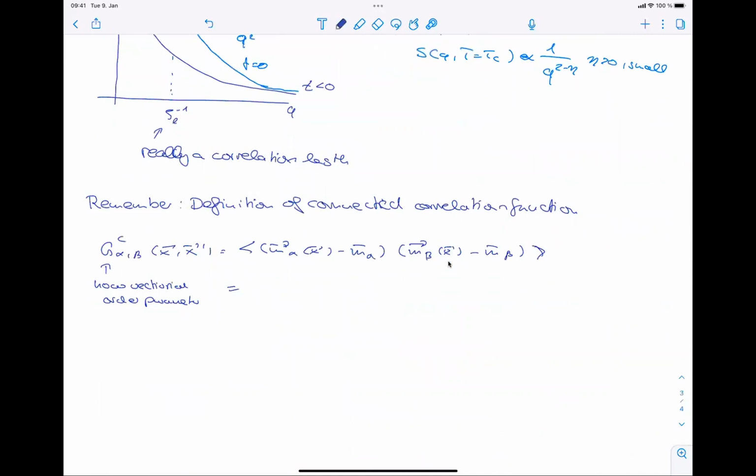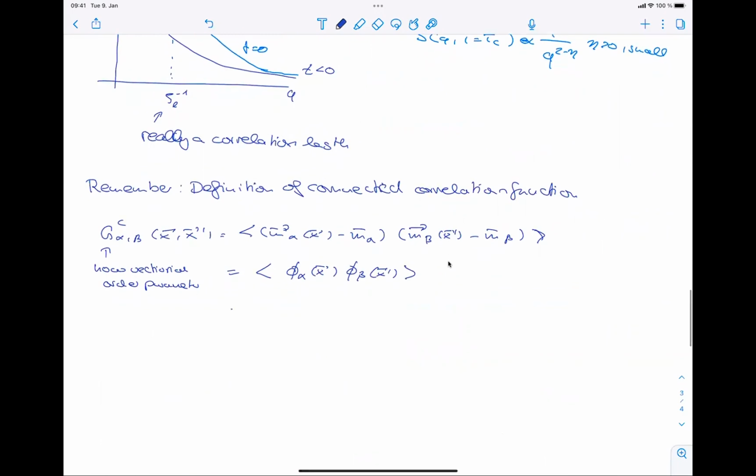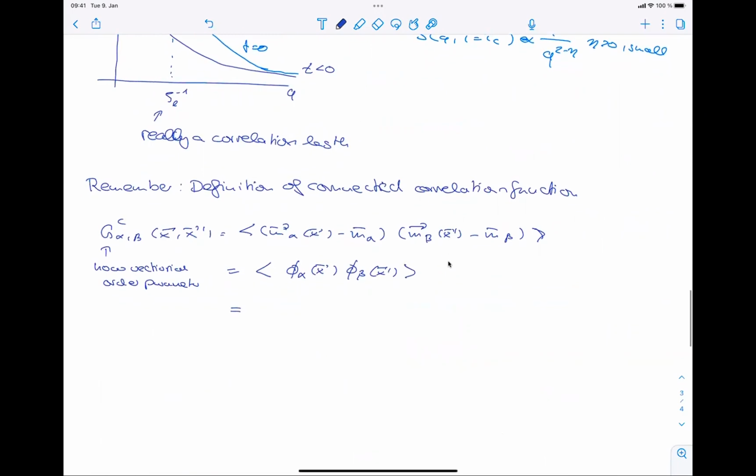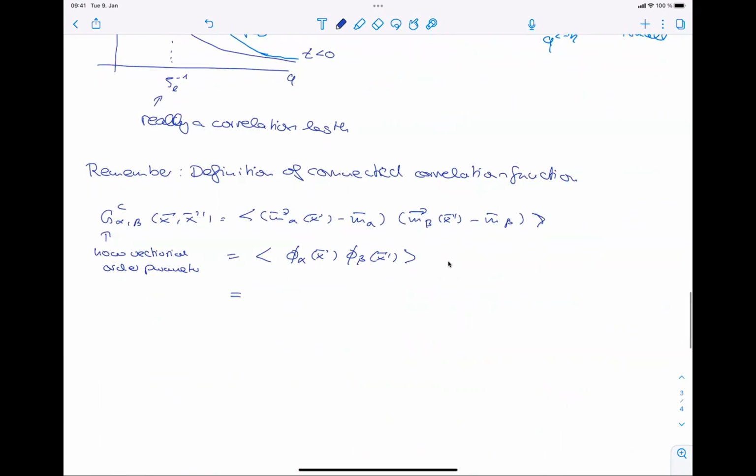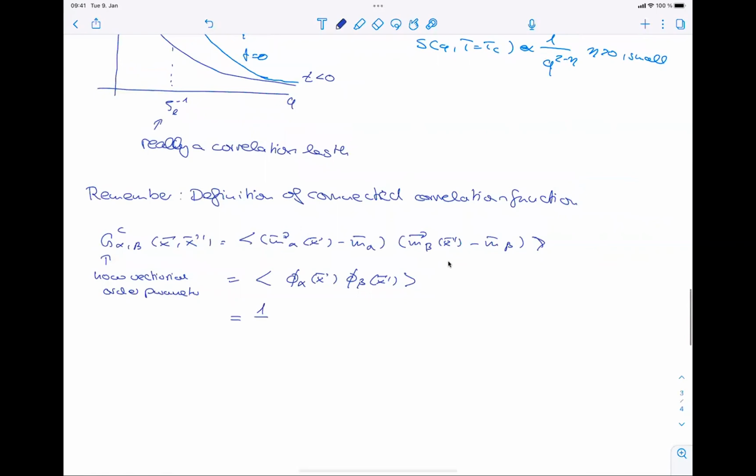So this is exactly then just looking at the fluctuations into the chosen directions. In this, we read off from going into Fourier space.